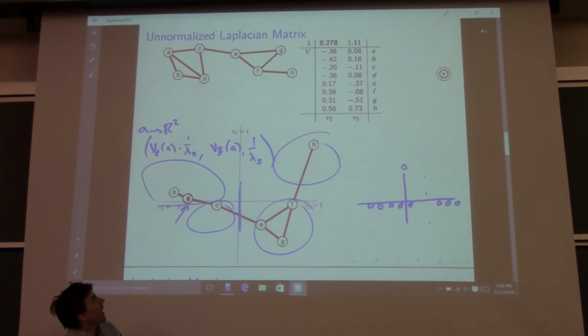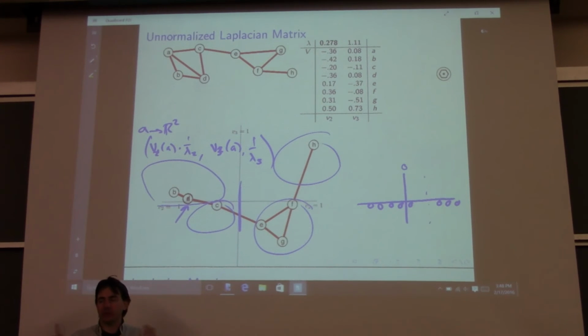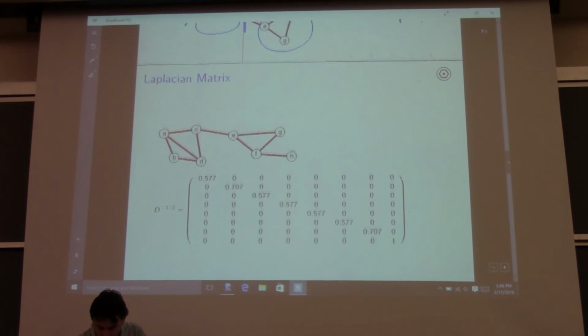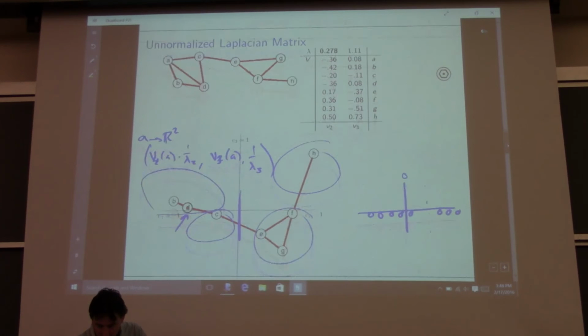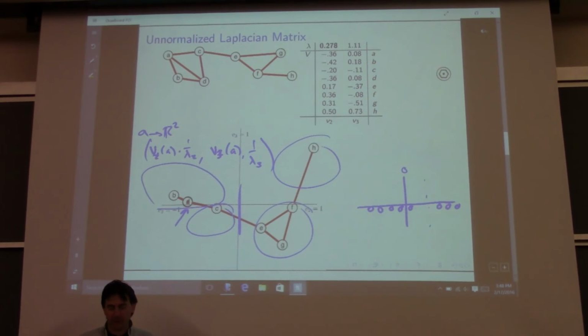Basically, if the eigenvalue is really small, I want the coordinate to be bigger, and this will stretch out the graph more. I don't think I have a picture of this one, but if you're going to draw them, this tells you a better way of drawing them.